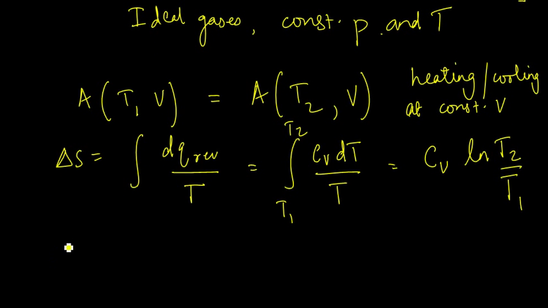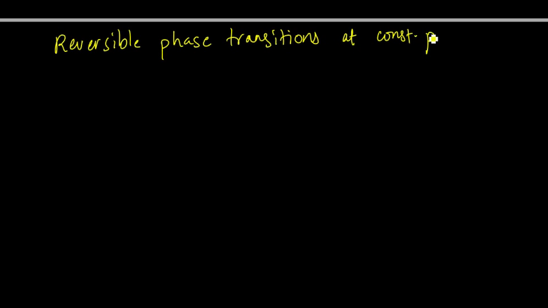We could think about phase transitions. So reversible phase transitions, which are very important because that is what you'll be dealing with most of the time. And for all practical matters, these would be at constant pressure, and in most cases, when phase transitions occur, the temperature is also constant.